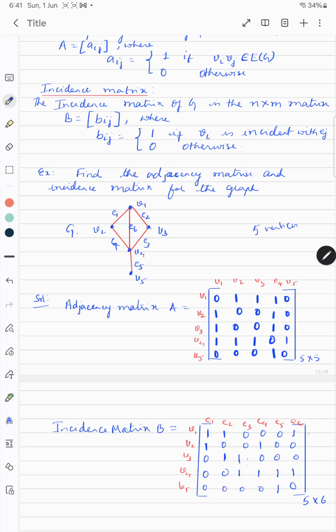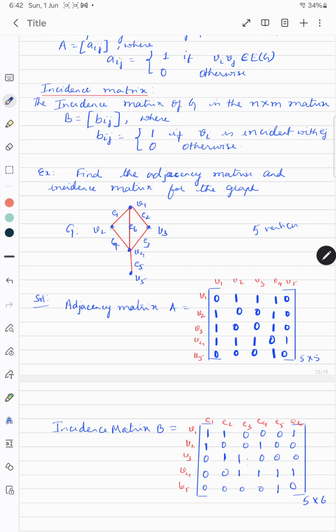There is no incidence of the other edges E3, E4, E5 to the vertex V1, hence it is 0.